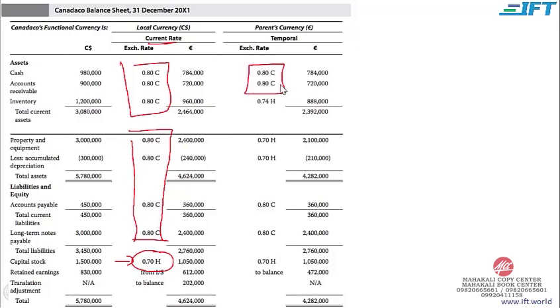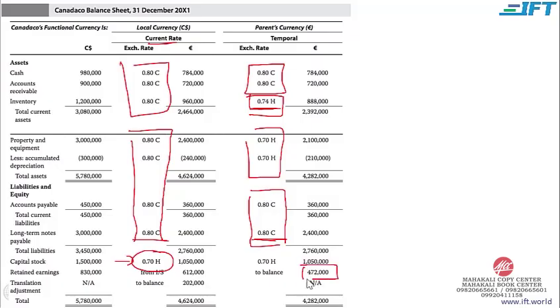Monetary assets translated at the current rate, inventory translated at the historical rate which was given, non-monetary assets translated at the historical rate, monetary liabilities translated at the current rate, capital stock or equity translated at the historical rate, and then we need this number to balance.